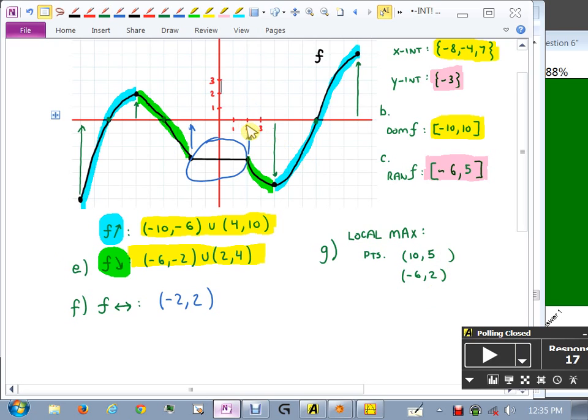Two, negative 3. This would not be a local max because you have to be bigger than the stuff around you. This one, it's bigger on this side, but not this side. Okay? So it's like it's king of the hill, but only if you look on that side of the hill. If you look on this side of the hill, it's the same stuff. So is that all for local maximums?